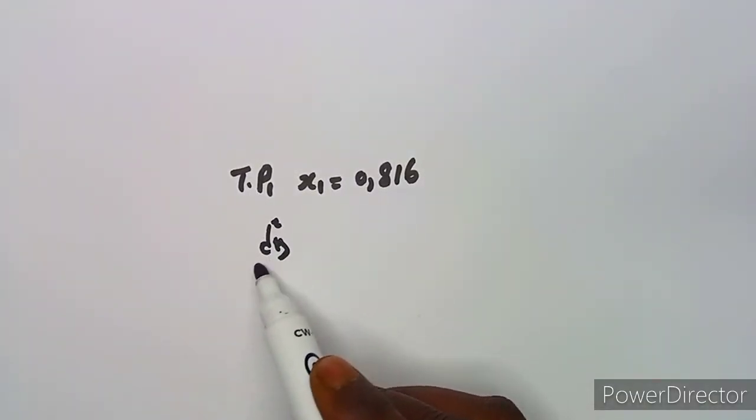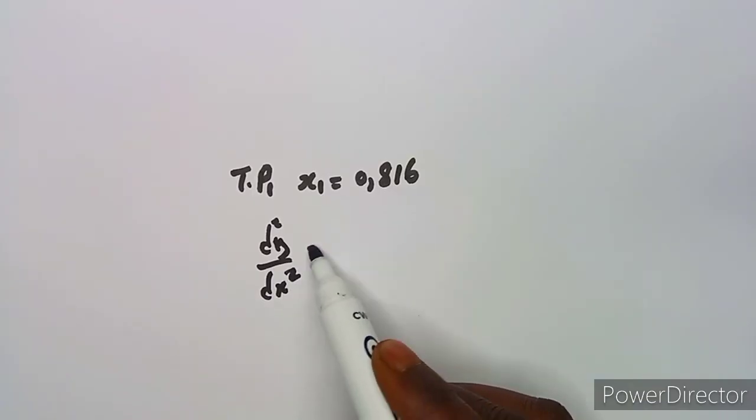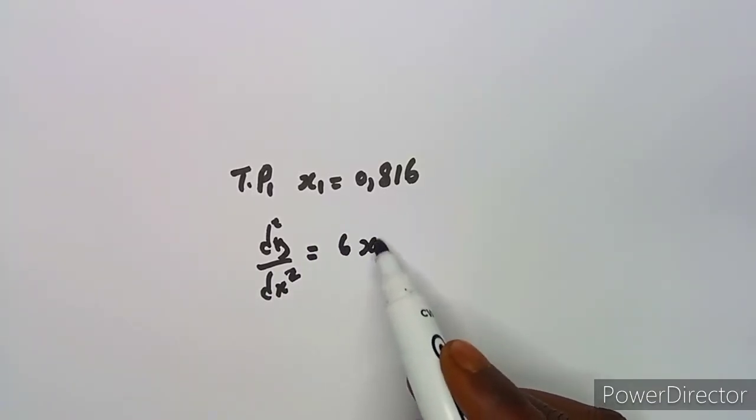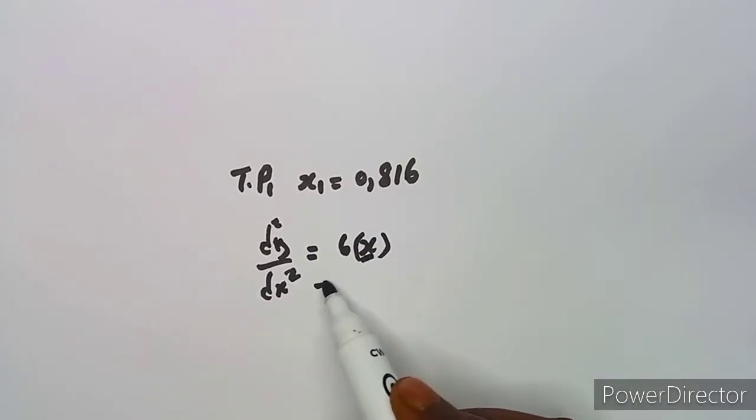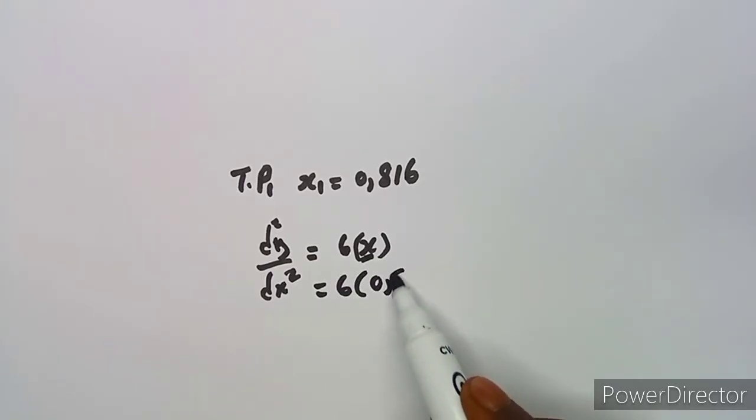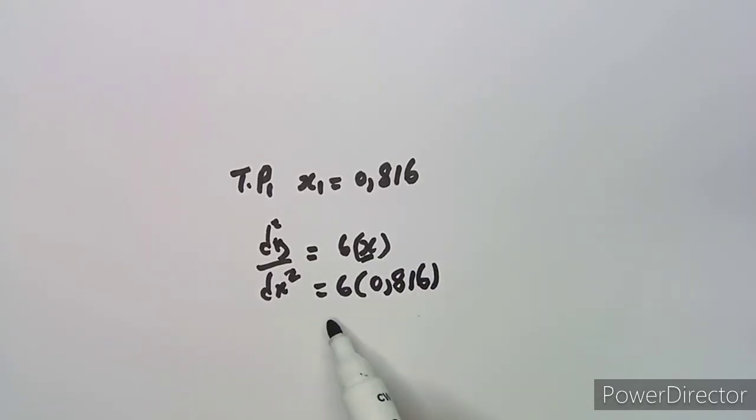Remember, our second derivative is 6x. So if we substitute that x, which is 0,816, we are going to obtain something like 4,816. This is our second derivative, guys.